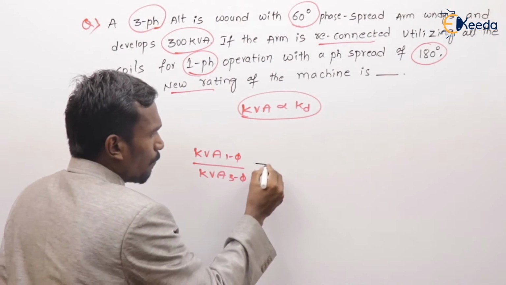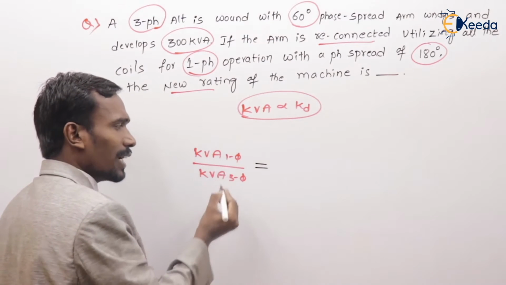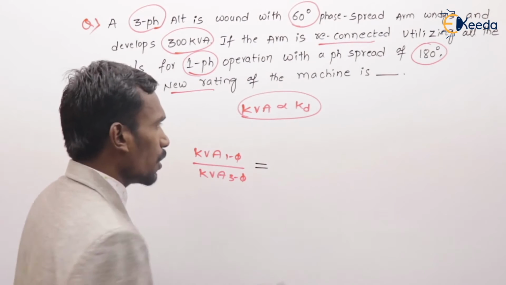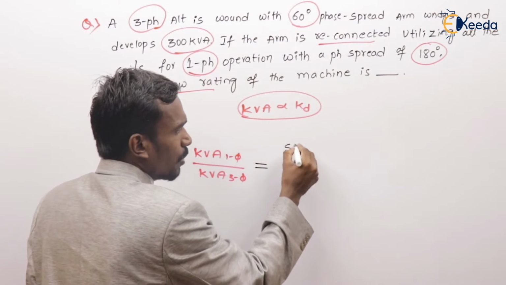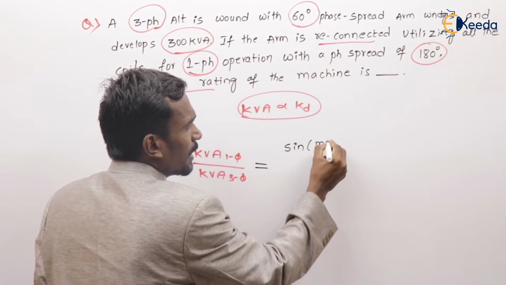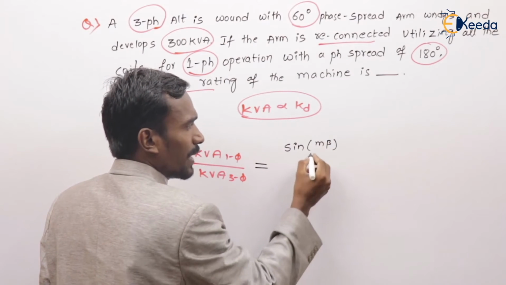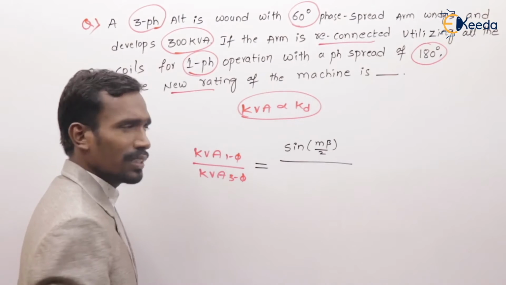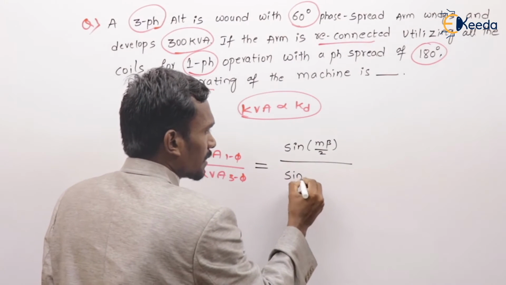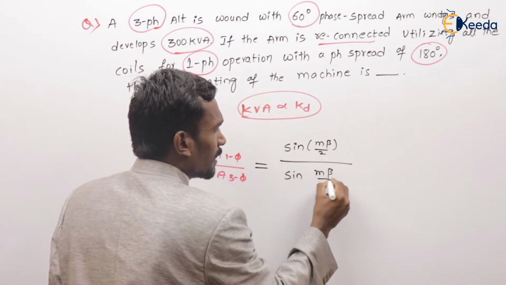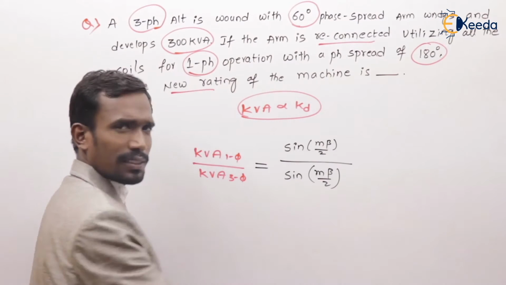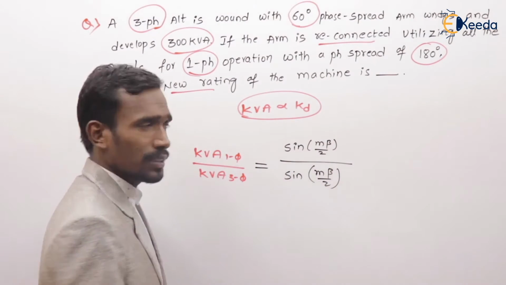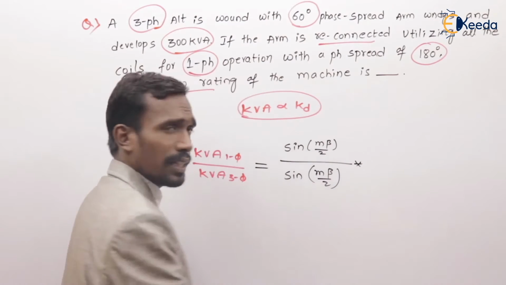So, the ratio of kVA single phase to kVA three phase is sine m beta by 2 for single phase, divided by sine m beta by 2 for three phase, multiplied by the turns ratio.